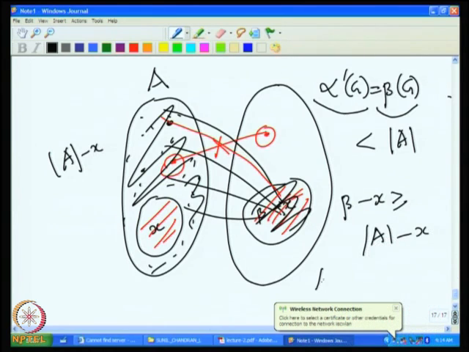So beta has to be greater than or equal to A, isn't it? But this is a contradiction, because beta has to be equal to alpha dash, and alpha dash we have already said is less than A. So therefore we get a contradiction.